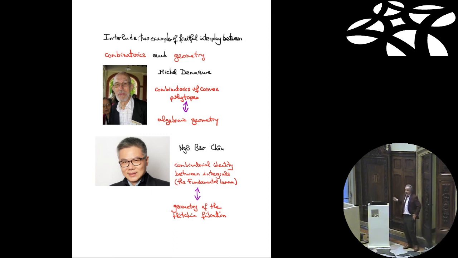So here I want to mention two connections. A fruitful interplay between combinatorics and geometry. So here you see Michel de Mazur, fortunately still very young, and he introduced, he's an algebraic geometer, and he introduced algebraic objects from algebraic geometry called derivatives, which are defined in purely combinatorial terms.